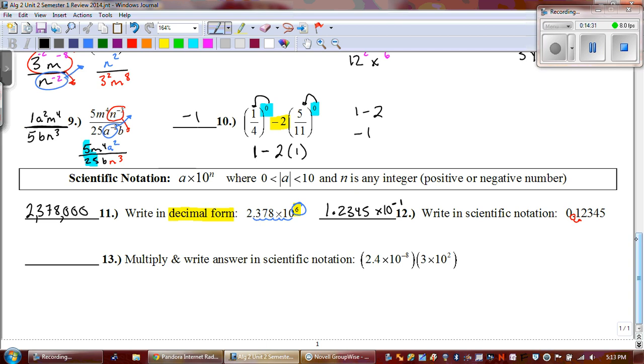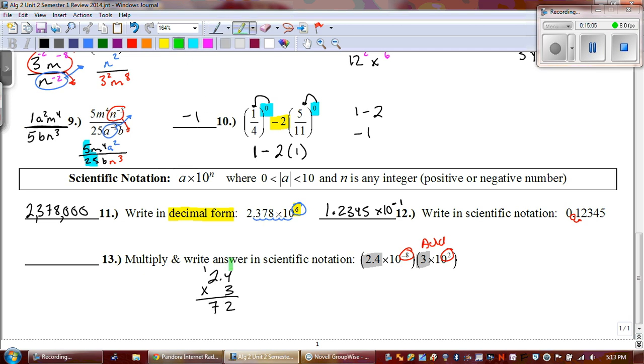And then finally, the last one says to multiply and to write the answer into scientific notation. So what we need to do is with our exponents, we are going to add those, and then we're going to multiply our numbers. So let's start by multiplying 2.4 times 3. 4 times 3 is 12, and 3 times 2 is 6, plus 1 is 7.